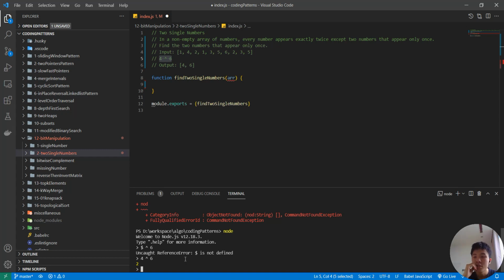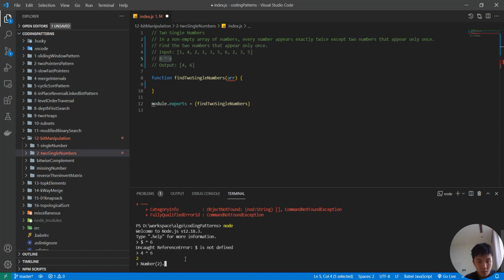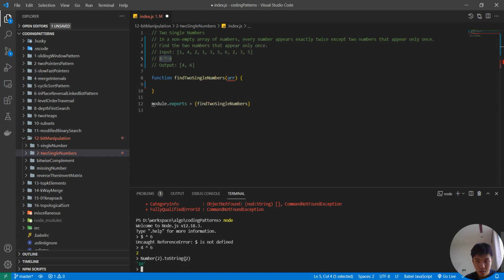If we convert it into a binary string, number 2 is 10.